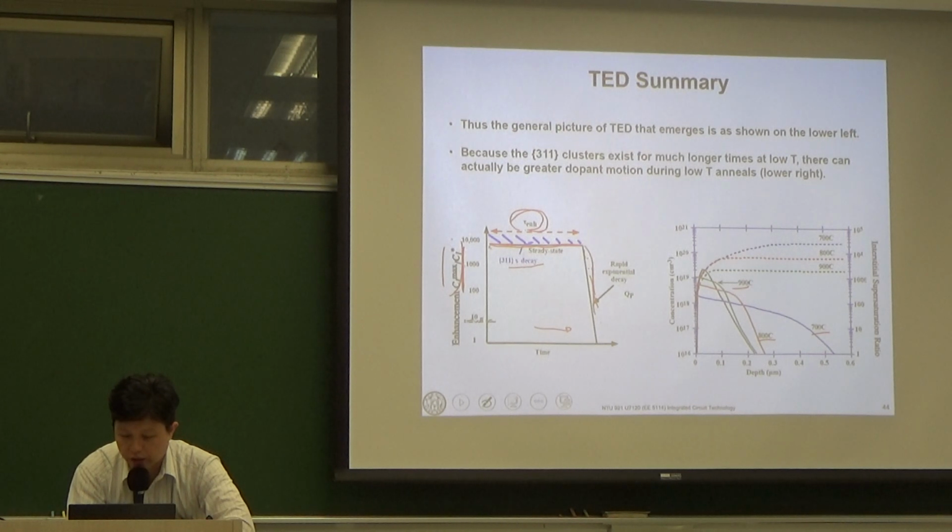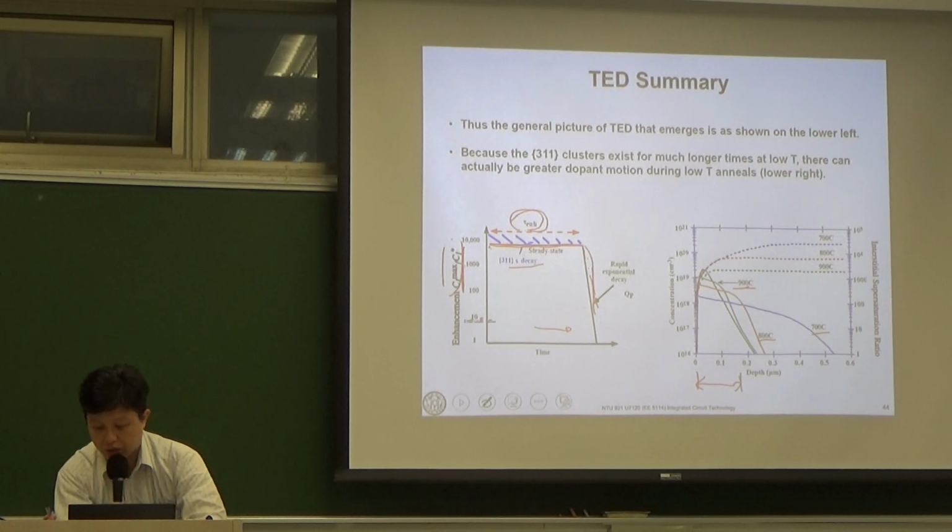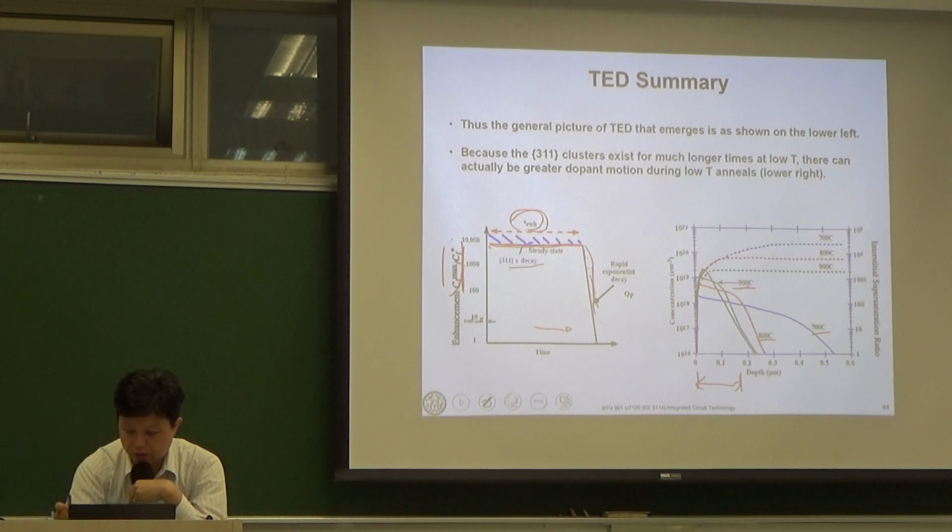You can see at 900 degrees C, the diffusion depth is the smallest one, and for 700 degrees C, the depth is the largest. That's because of these supersaturation ratios.